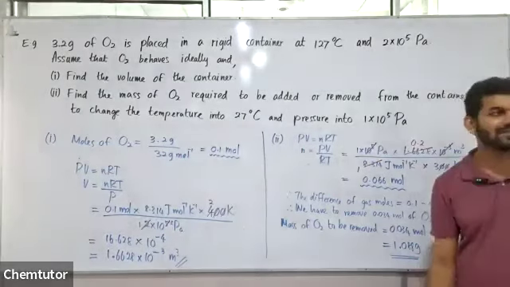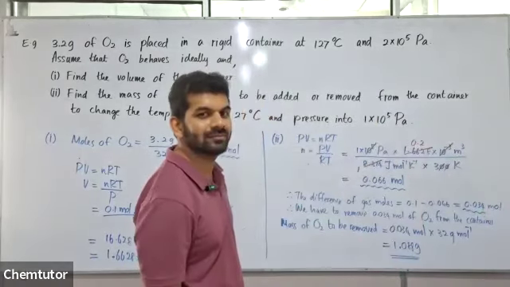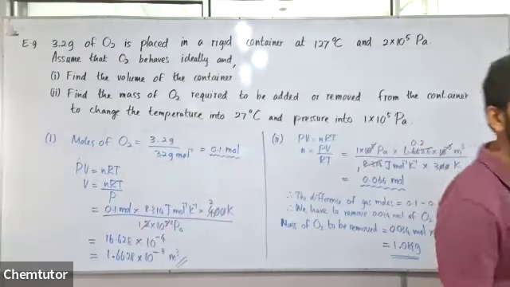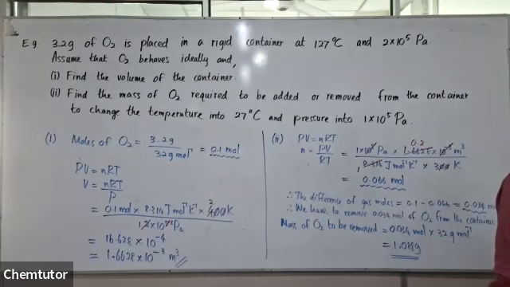So that is erroneous, no? So at least take the values up to two significant figures. All right. So the answer will be 1.088.